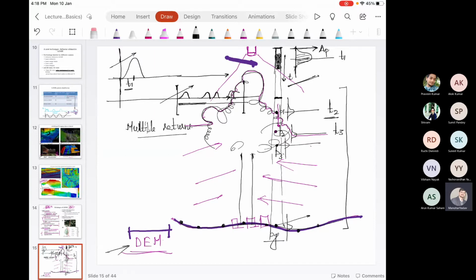This is an application part, so it will be seen in data processing. But this will be a kind of added advantage for the forestry related applications. If your sensor is capturing the return waveform, then it will further help for the forest related studies or even the bathymetry related studies.